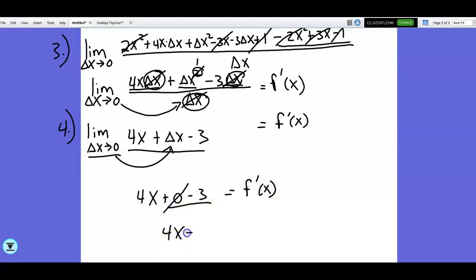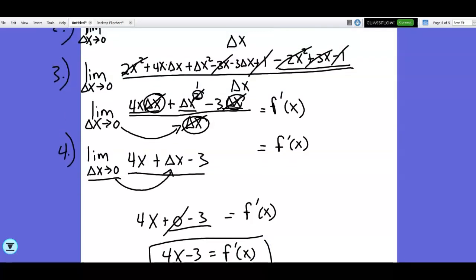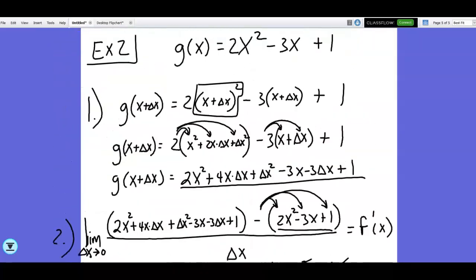And you just end up with this. And there's my final answer. Remember, so far in the other two problems, we just got a number. But that's because of the type of function we are working with. In this case, the answer is 4x minus 3. If I asked you to come up here and use the shortcut we learned back in chapter 1, take this and multiply it to the front, you get 4x.